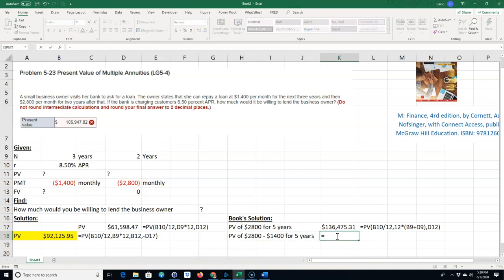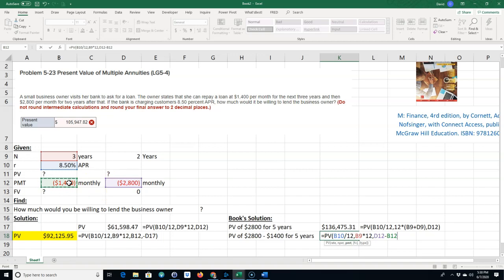I'm going to go equals present value, and the rate again is going to be 8.5% divided by 12, and the number of periods now is 3 years times 12, and the payment, well, it's going to be this minus this, okay?